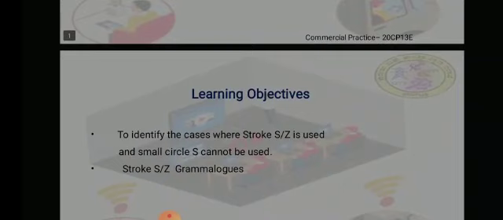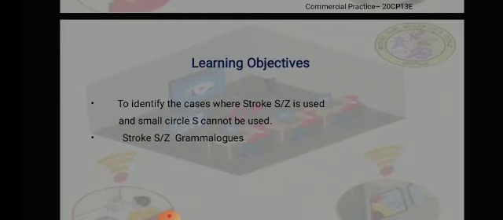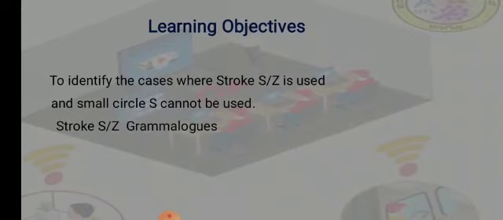So in this particular unit, what are the learning objectives you are attaining? The first objective is to identify the cases where stroke S or Z is used and a small circle cannot be used. In the last session, you saw that there were 4 rules where you used stroke S or Z instead of circle.